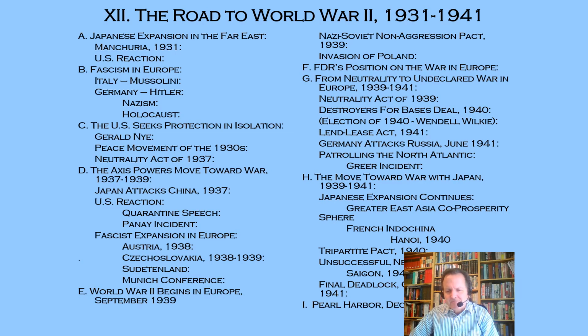Now, I suppose you could go completely through the Pacific one time, back up, start all over again, and go completely through Europe. That would then be three passes through the 1930s, and then you wouldn't necessarily be able to correlate the two things that are going on. So this lecture, as laid out, says the road to World War II, but we're going to be bouncing back and forth.